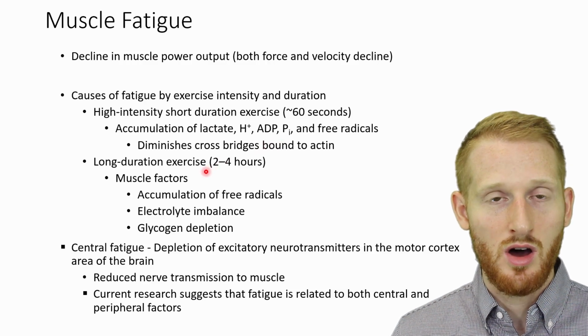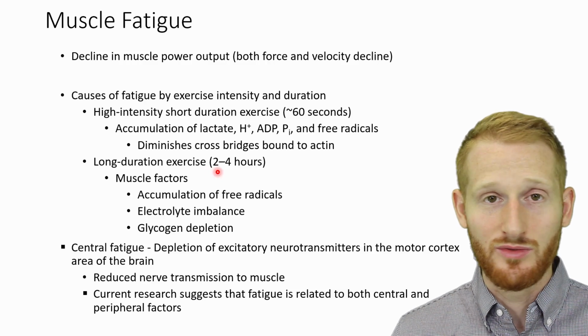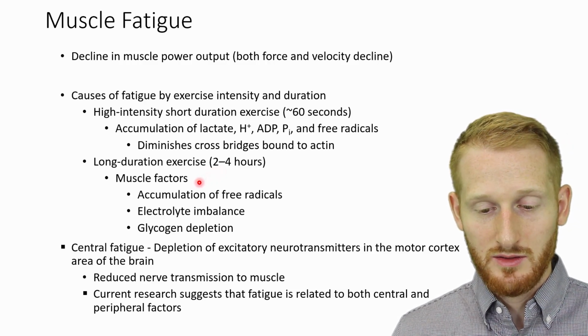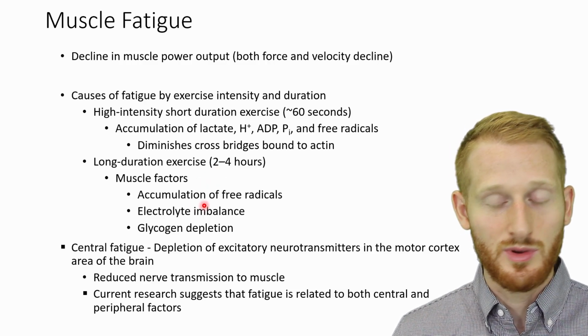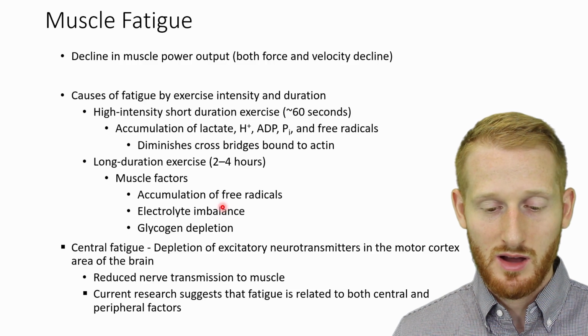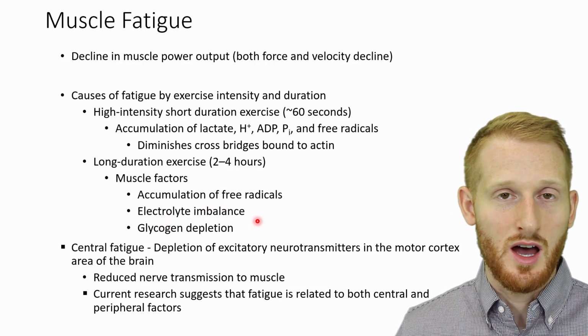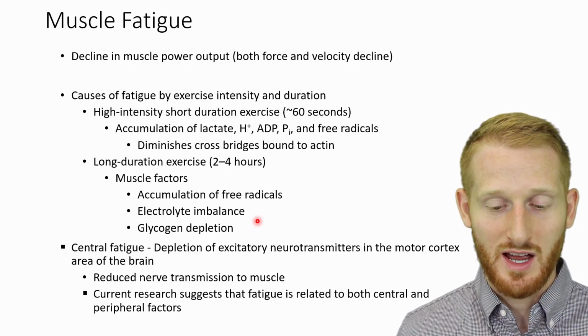If you're doing longer, a little slower type exercise, 2 to 4 hours worth of exercise, so think of like a marathon, then the muscle factors that are going to cause fatigue are going to be an accumulation of those free radicals I already talked about. It's also going to be potentially an electrolyte imbalance. If you don't remember, go back and look at the neural control side of things.